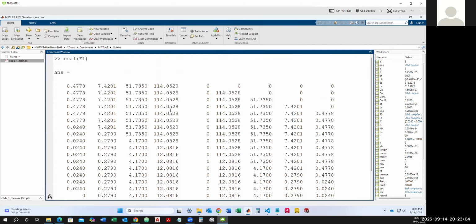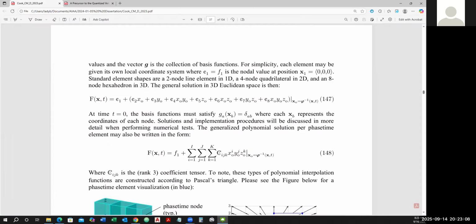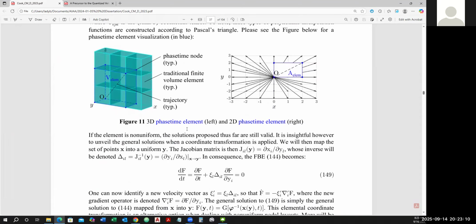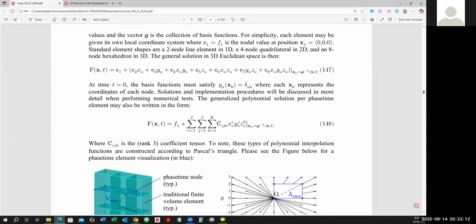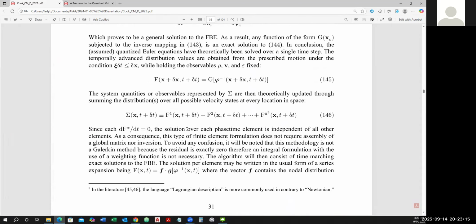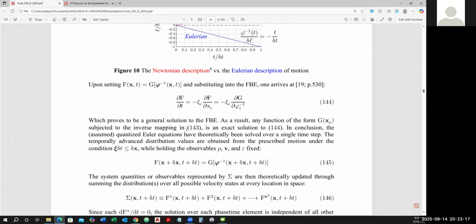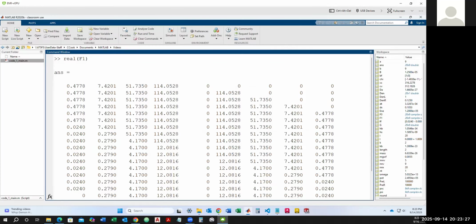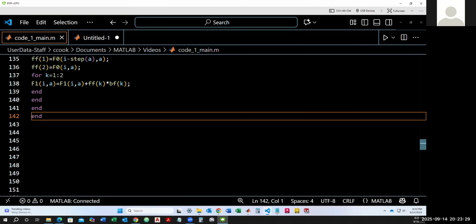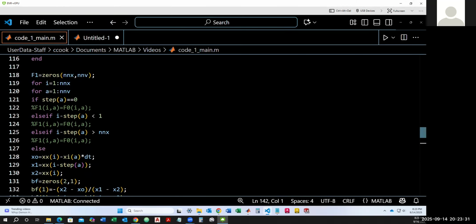Okay. So when the velocity is 0, if we go to our equation of motion, when our velocity is 0, the temporal change in F is equal to 0. So nothing happens. So at those middle nodes, we're going to assign F1, right?